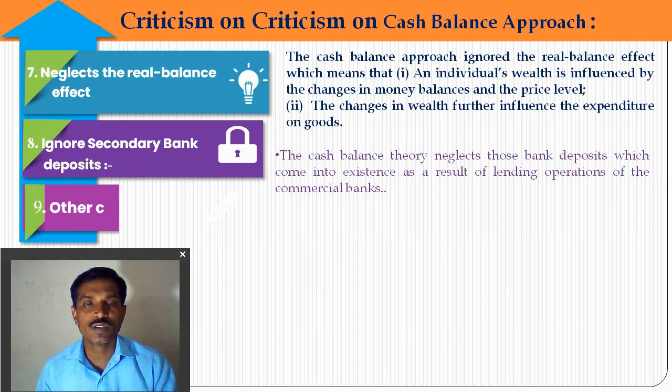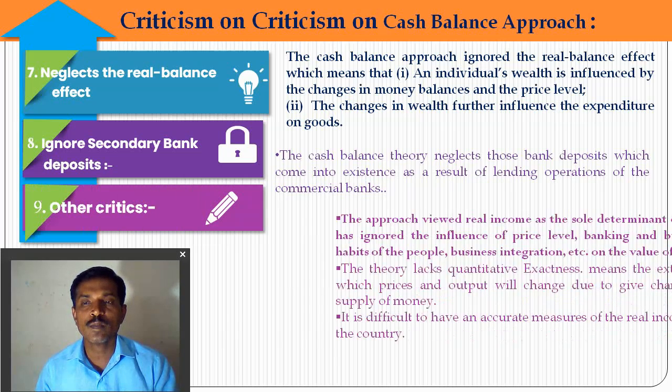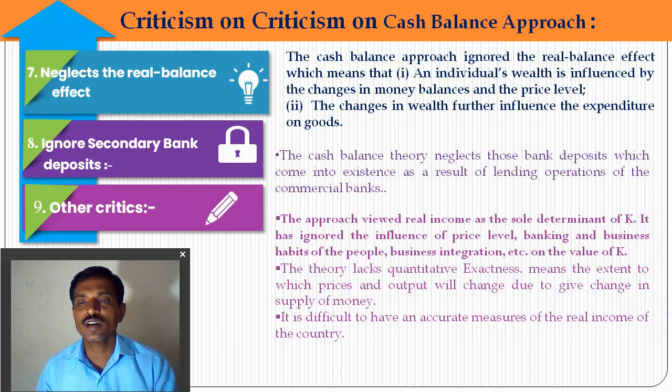The other criticism is that the approach views real income as the sole determinant of K. It ignores the influence of the price level, banking and business habits of people, business integration, etc. on the value of K, which is not given in this theory.